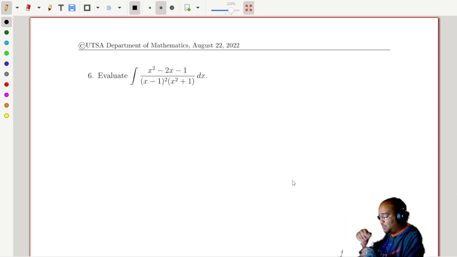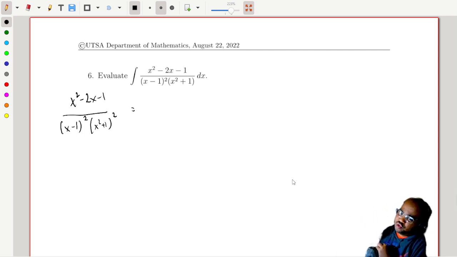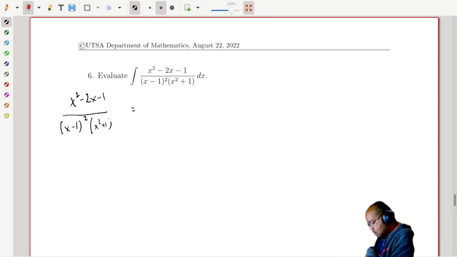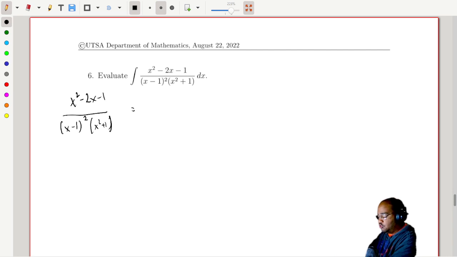Okay, so first, the recipe. So I'm going to write this here. Notice that I have repeated linear factors and an irreducible quadratic. Those sums of squares, x squared plus 1 and the like, will always give you an irreducible quadratic.